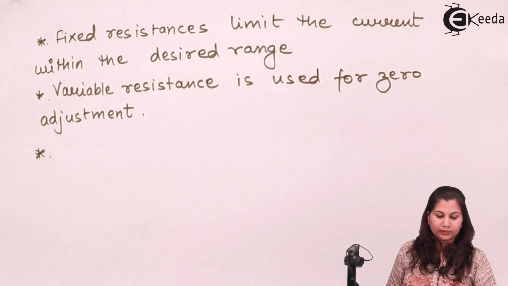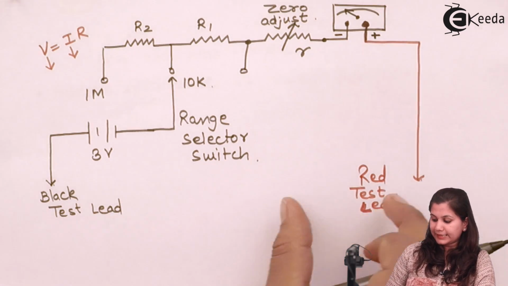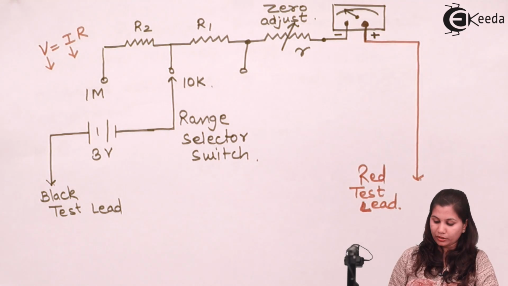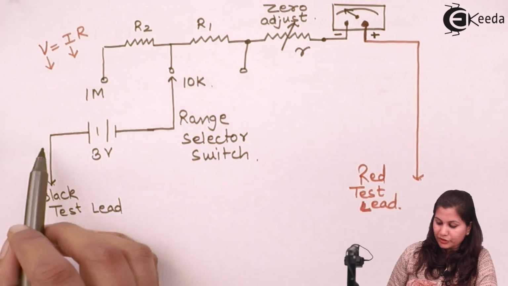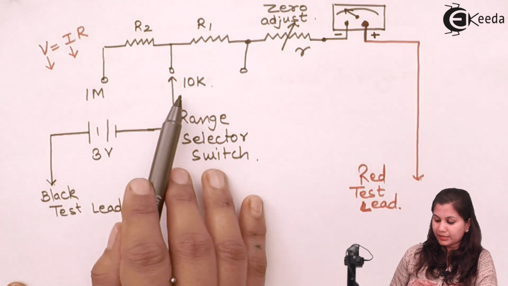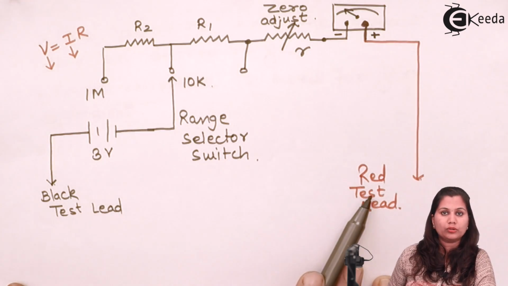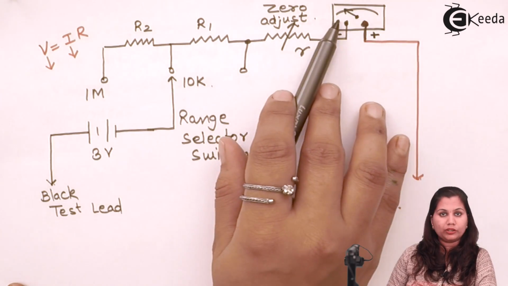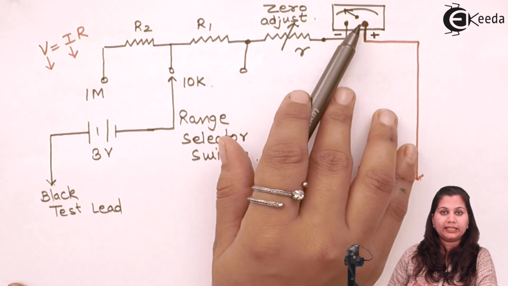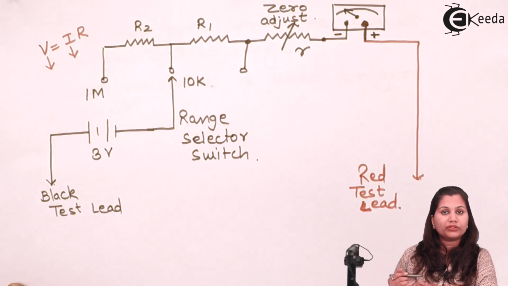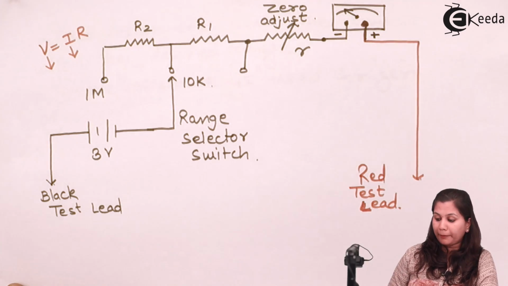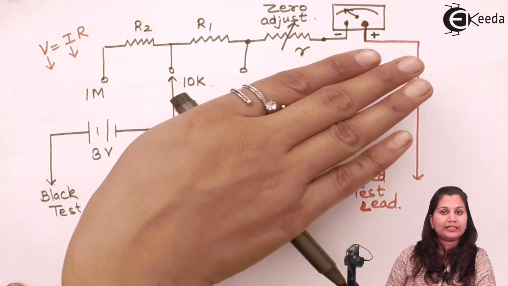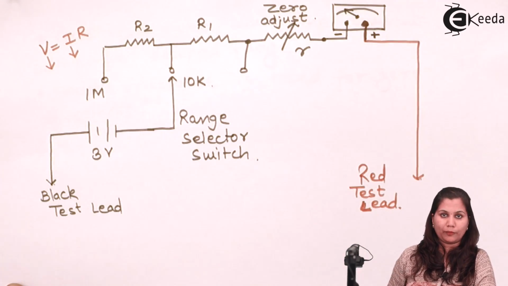Now the black and the red test leads are connected across the circuit whose resistance we want to measure. Okay, now the current which is flowing in this circuit depends upon the resistance which we want to measure. So we can say that this scale of the analog multimeter is indicating the value of the current, not the resistance, but we can calibrate it in terms of resistance so that we can directly get the readings of resistance from the scale.